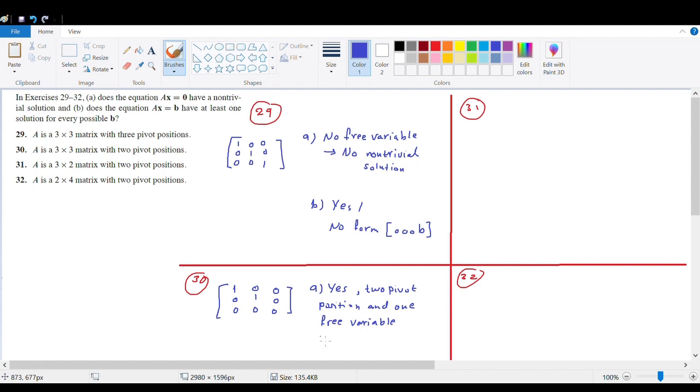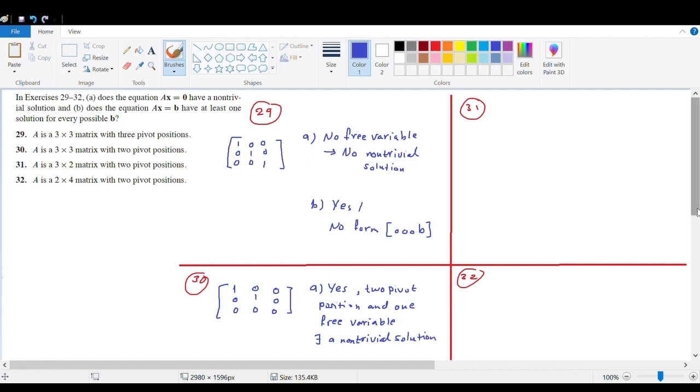That means there exists a non-trivial solution.